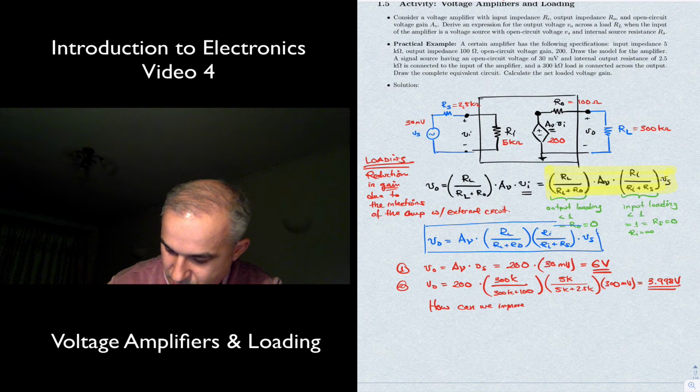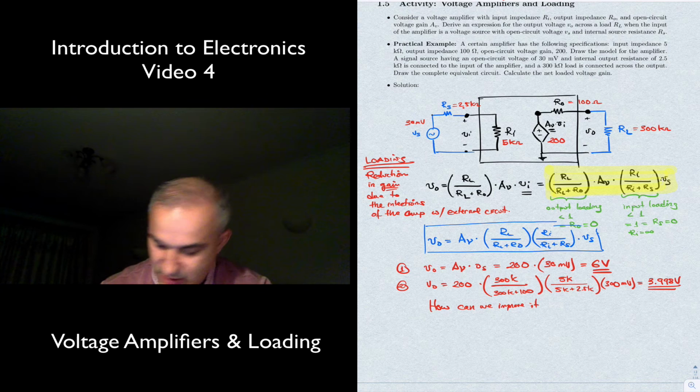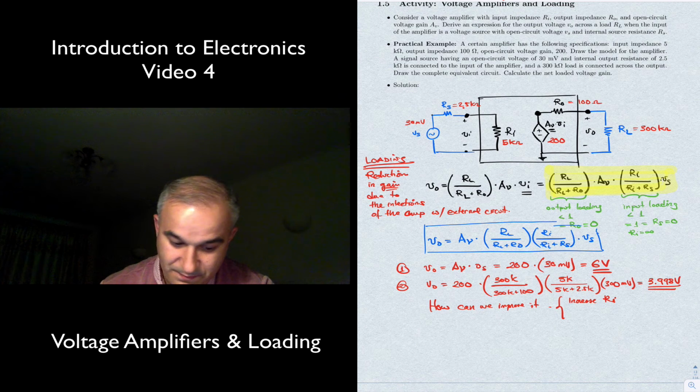How do we do it? We increase Ri and decrease Rout.